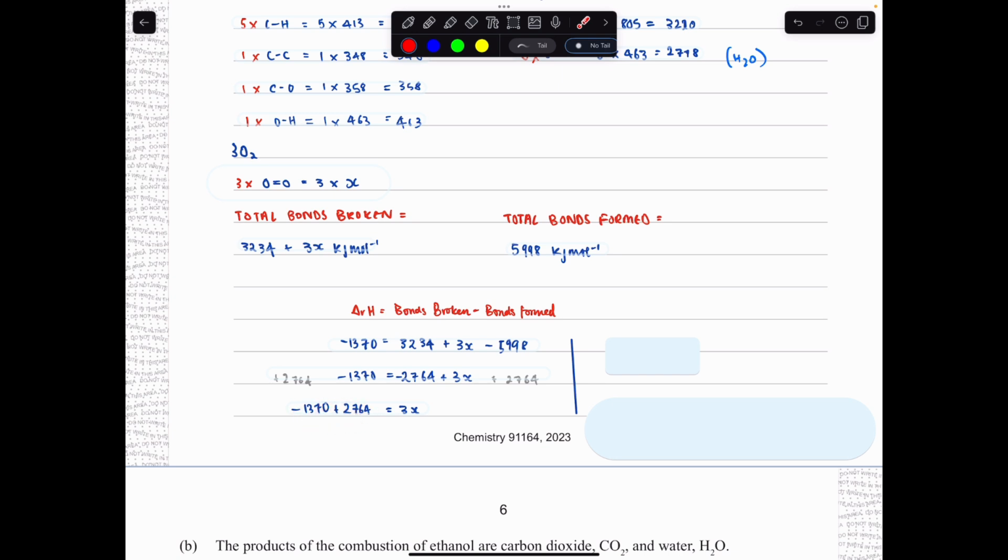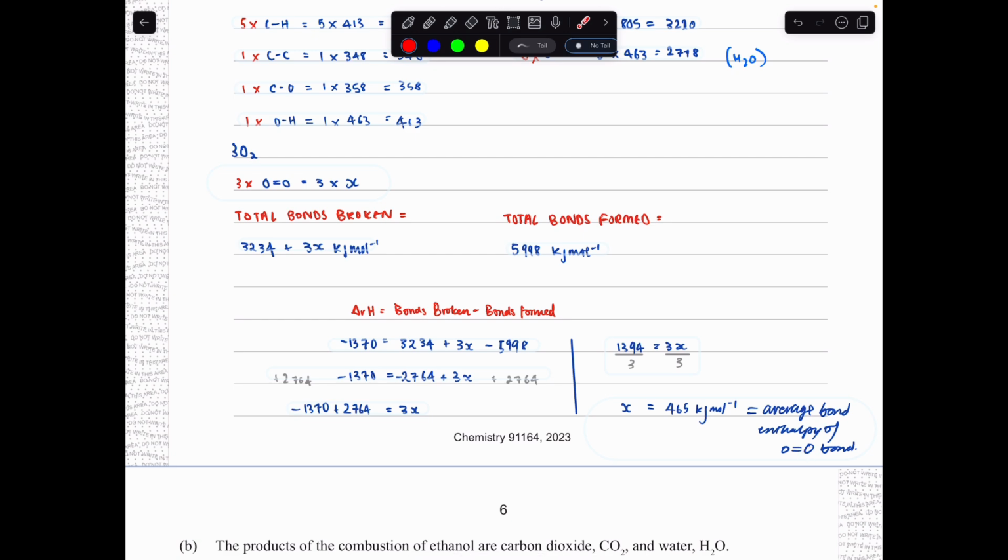If I plug this into my calculator, I will get 1394. Now I have to get rid of this 3 so I can have just x on one side. Because it's currently being times by 3, I divide this side by 3 and cancel those out, which means I have to divide this side by 3. Now I'm left with x, which equals 465 kilojoules per mole, which is the average bond enthalpy of the OO bond. Done!